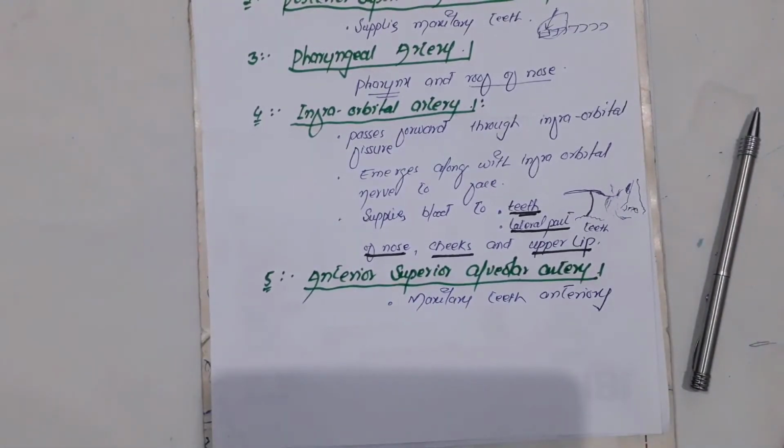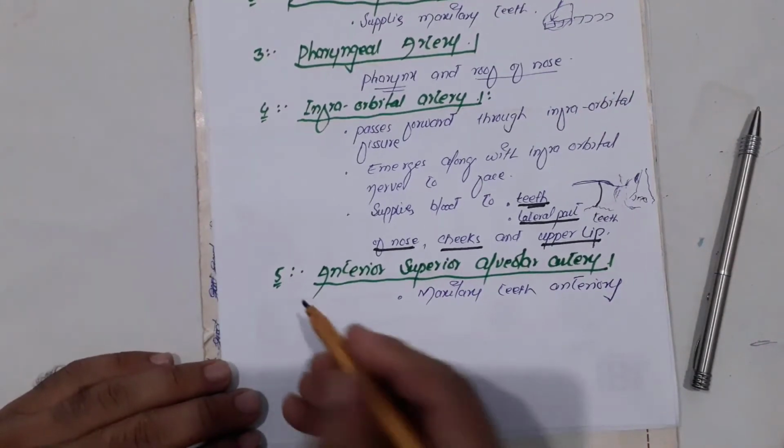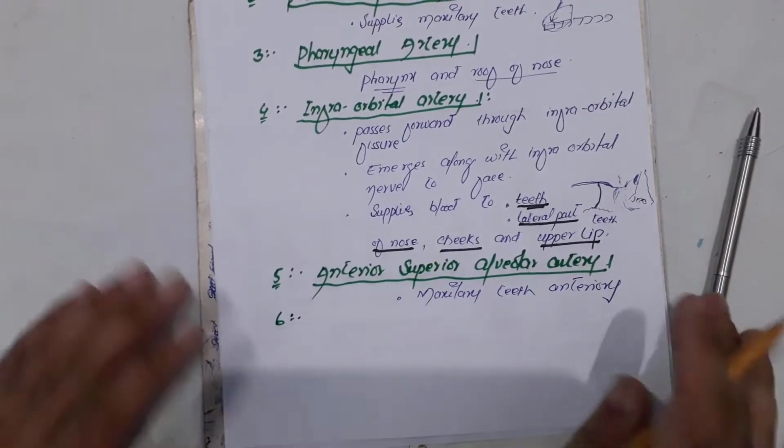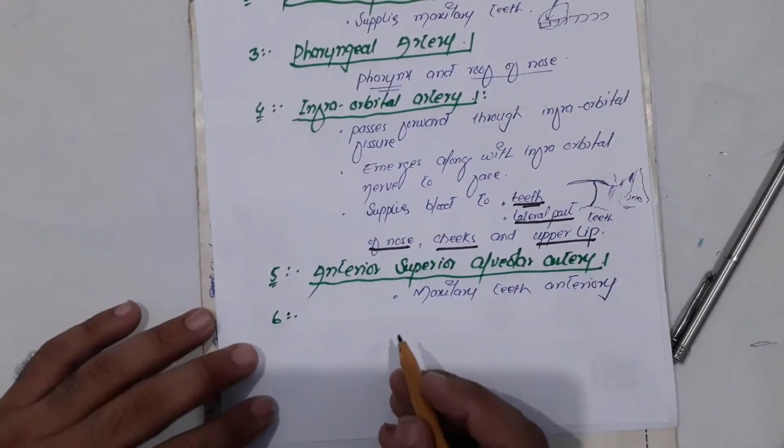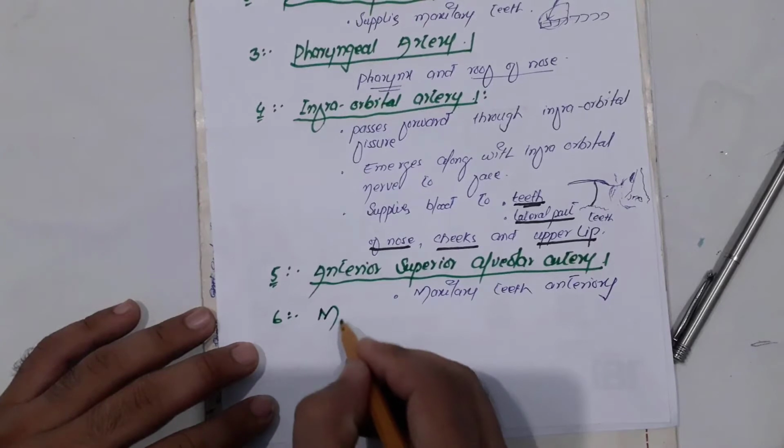Then the next branch which arises from the maxillary artery in the pterygopalatine part is the middle superior alveolar artery.